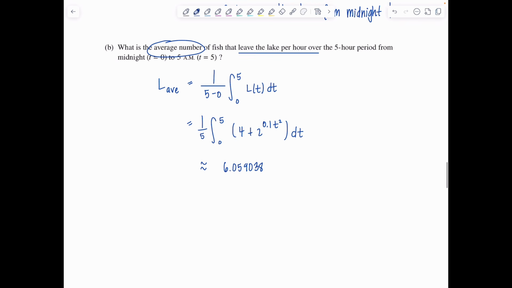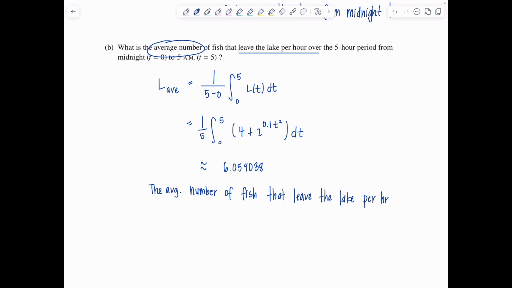6.059038. So the average number of fish that leave the lake per hour. I mean, I would take the time to write nice complete sentences because you're not really doing any math, right?